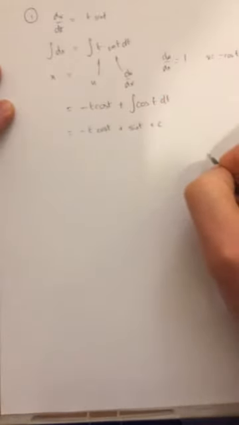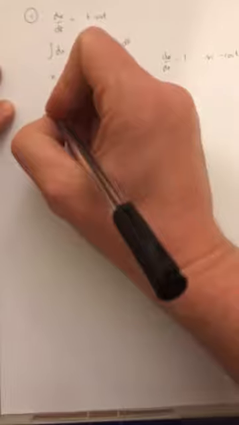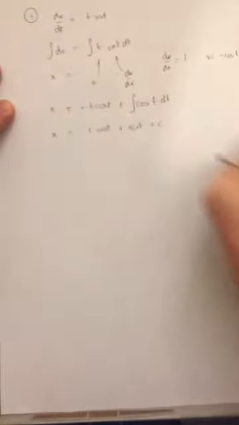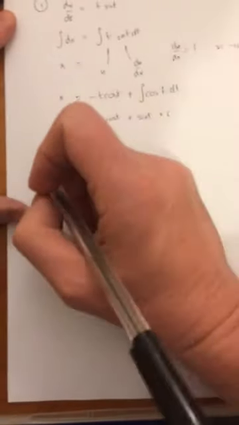Okay, so this is what we're talking about, where now you need to use the initial conditions. The initial condition in this one is that when t equals 0, P is at the origin. So I'm going to sub in t equals 0, x equals 0.